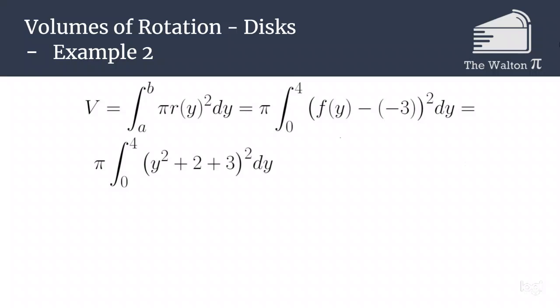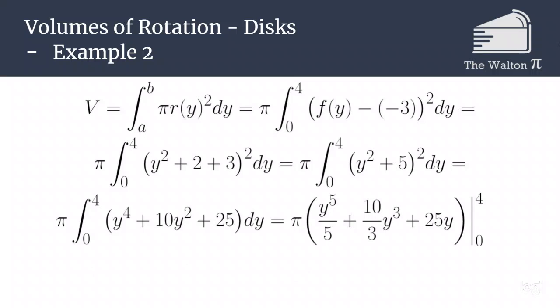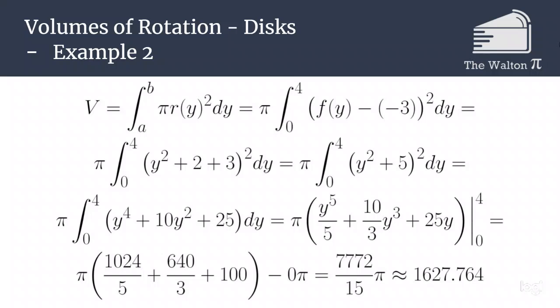And so this becomes pi times the integral from 0 to 4 of y squared plus 2 plus 3, all squared, which, once we expand that out, becomes pi times the integral from 0 to 4 of y to the 4th plus 10y squared plus 25 dy, and this is going to be 772/15 times pi, which is about 1627.764. That's going to be the volume of this rotation.